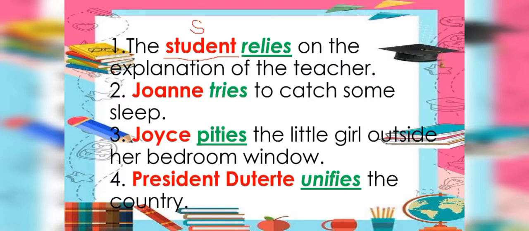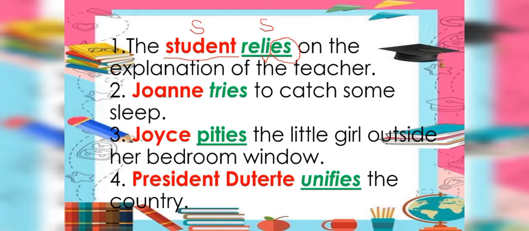And the verb we use is relies, and this is also in a singular form of the verb. We said that if the verb ends in S or ES, it is in a singular form of the verb.